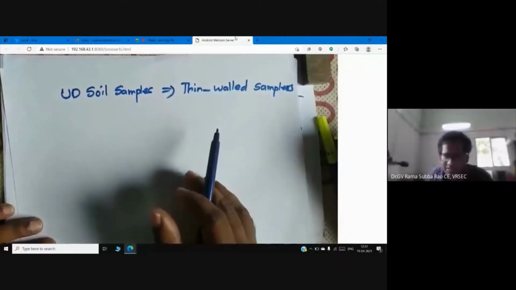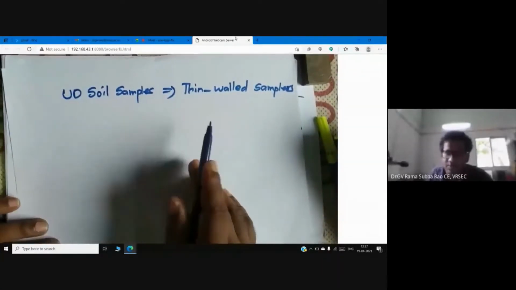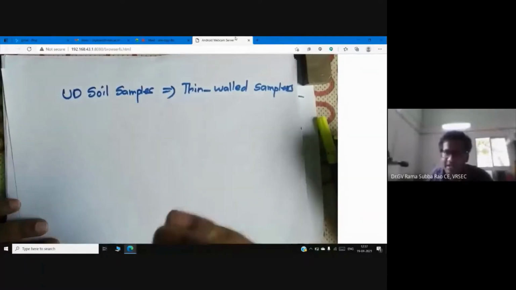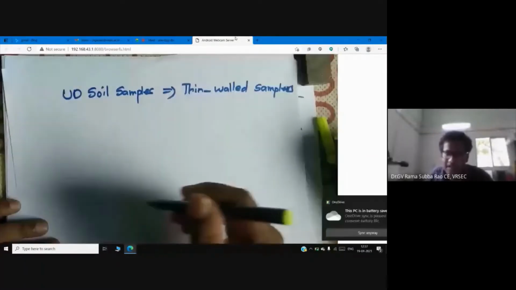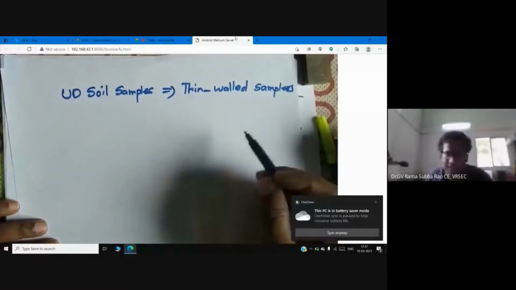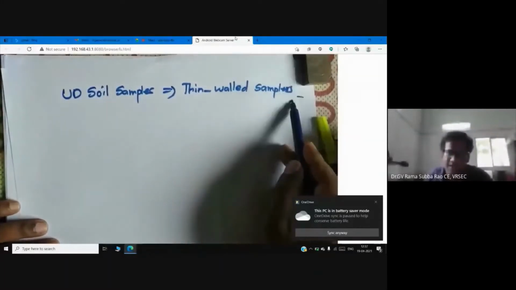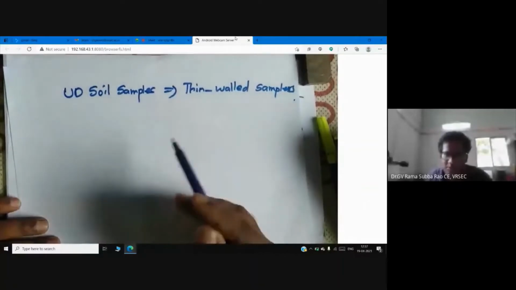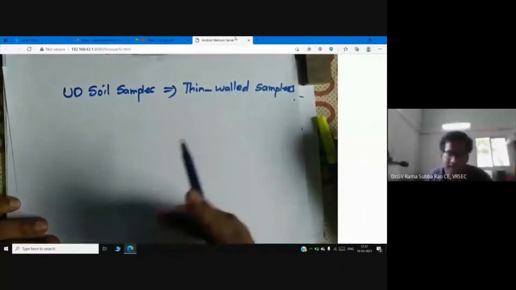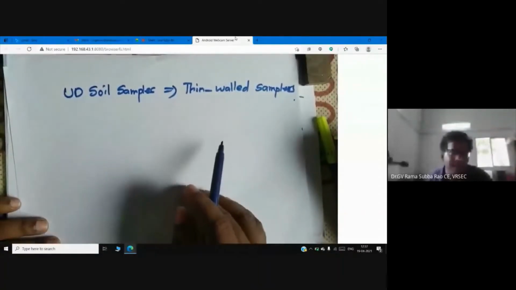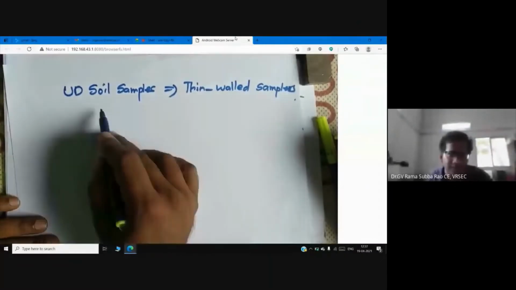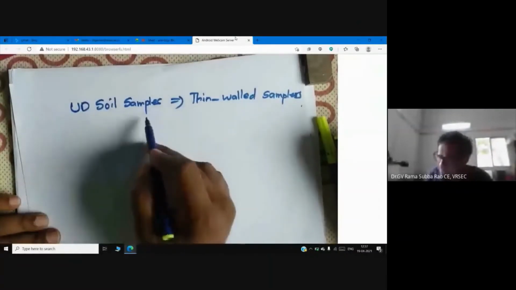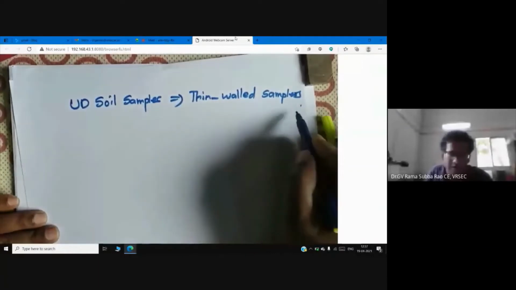So if you use a driving energy like impact energy, obviously the disturbance will increase. That's why it is always welcome to use thin-walled sampler, and we need to put a pressure. We need to put an energy, especially energy in the form of a piston mechanism, which will reduce the disturbance. So if you want to collect UD soil samples, you should use thin-walled sampler.